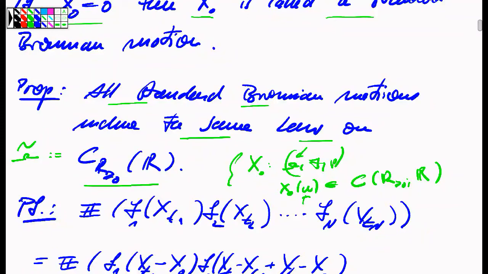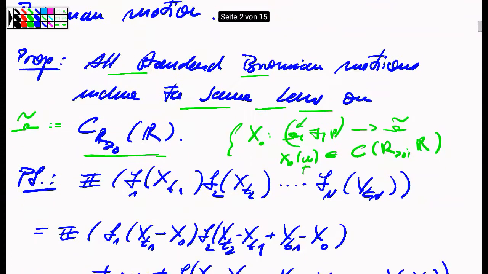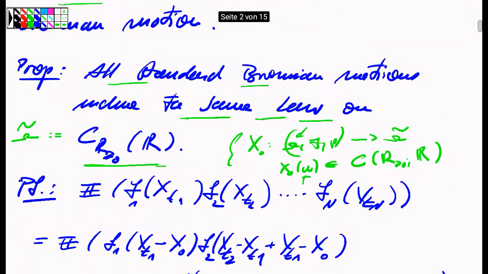So X dot is a map which maps the given abstract omega into omega tilde, and therefore we can talk about the law of this random variable. And what it says is that any Brownian motion, whatever you take, produces in the end, if you consider it as a path-valued map, the same law on this canonical path space.